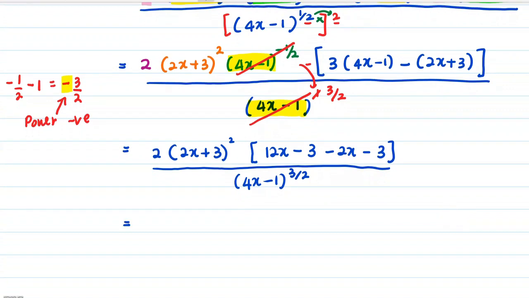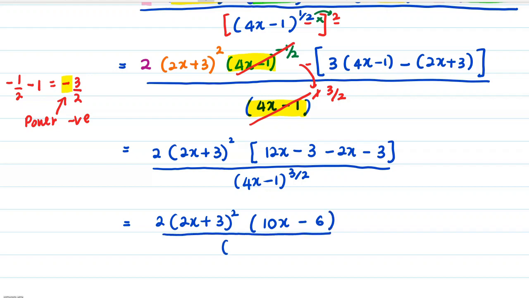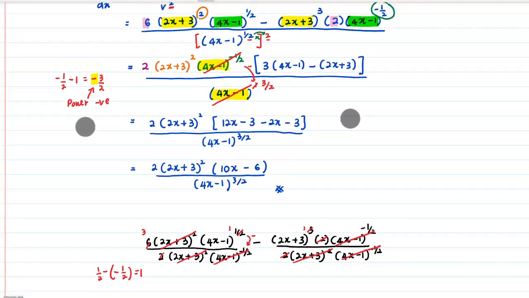And your final answer will be 2x plus 3 squared, and then 12 minus 2 is 10x minus 6 divided by 4x minus 1 to the power of 3 over 2. So this is your final answer.